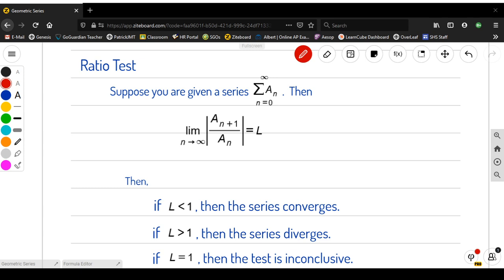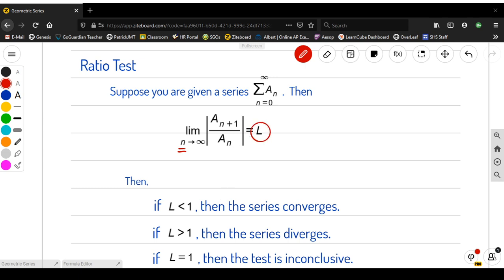Okay, so now what is this test actually saying? Why does it work? Well, really, this test is basically saying that as you go out further and further and further terms, as you approach infinity, it really doesn't matter what happens in the first 5 terms or 10 terms or 100 terms. Really what happens is as you go further and further out, if we compare 2 terms in a row, way out at the end of the series, towards infinity, you get this ratio.